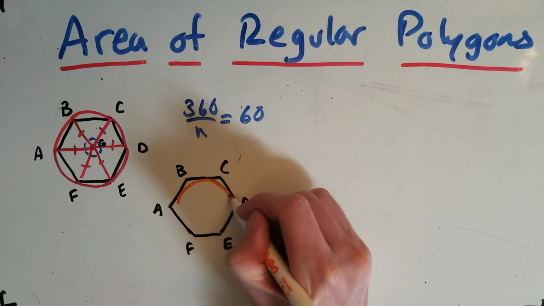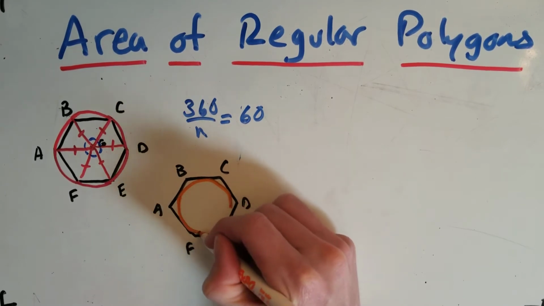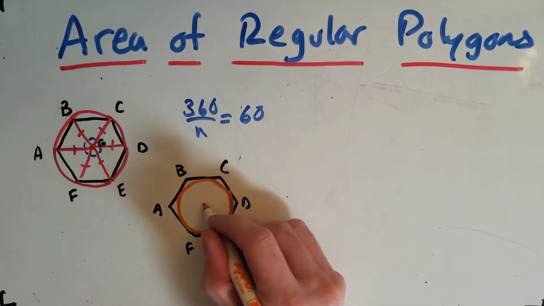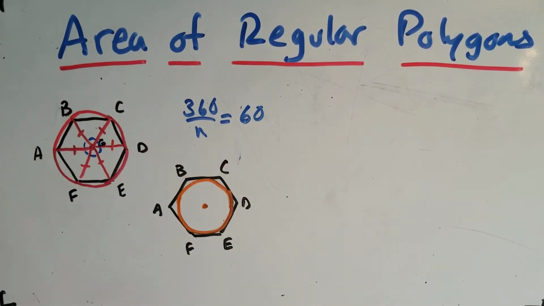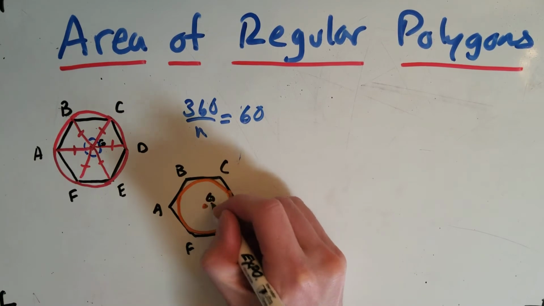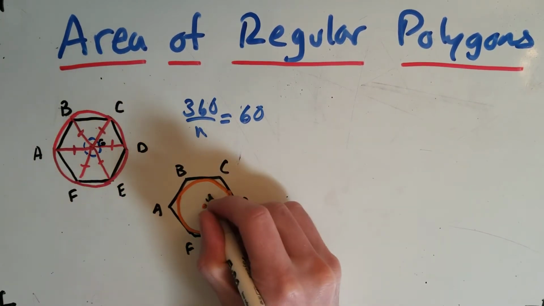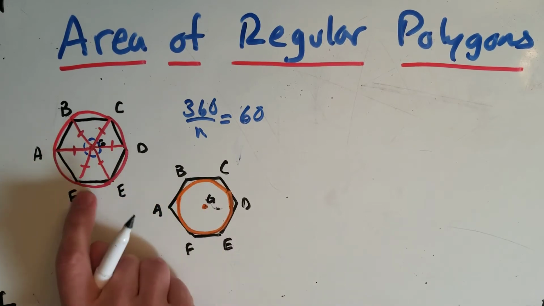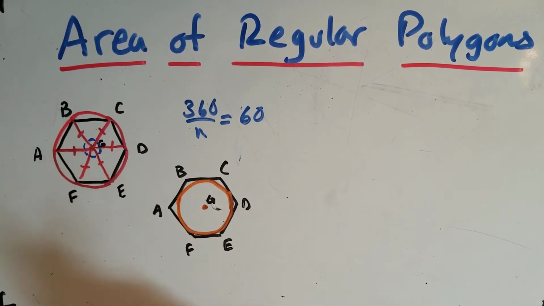So it would look like this. And it's not terrible. And we'll call it point G as well. So this point G over here on the inscribed circle and the circumscribed circle, it's the same point G. Those two circles, the red and the orange, they're actually concentric with one another. They have the same center.